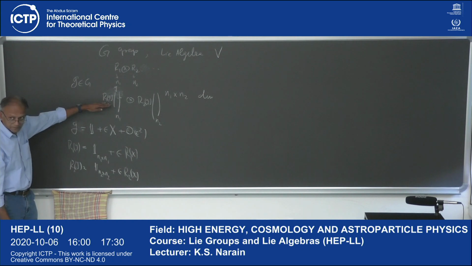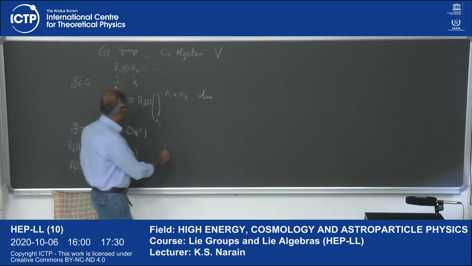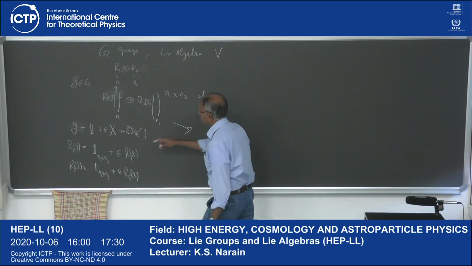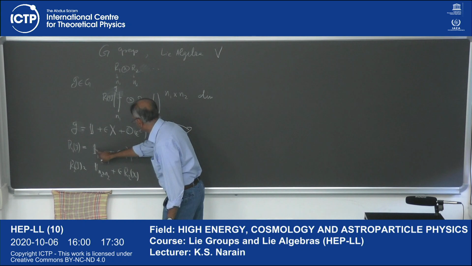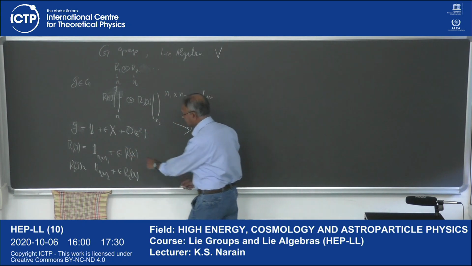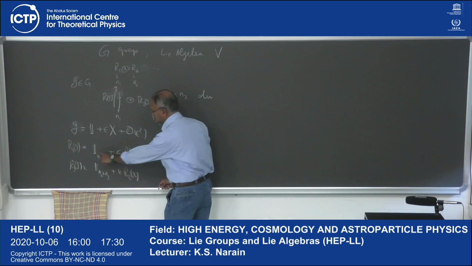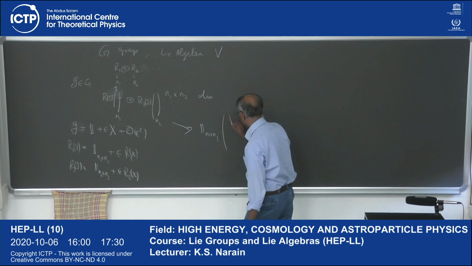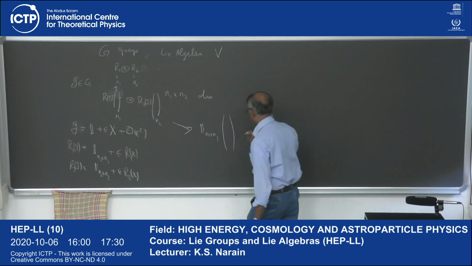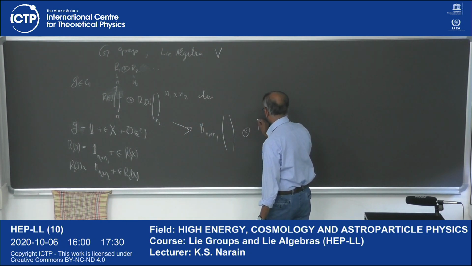Now plug that in here. The epsilon to the 0 term is identity N1 by N1 acting on this vector times identity N2 by N2 acting on this N2 vector.